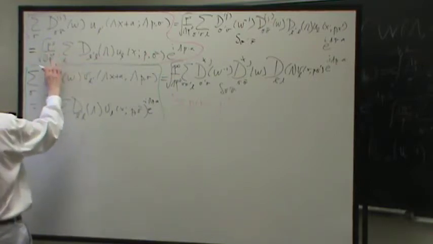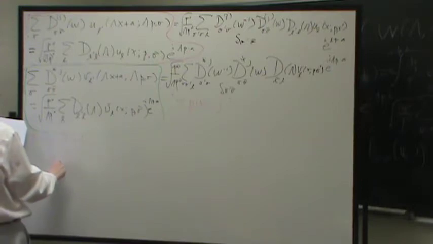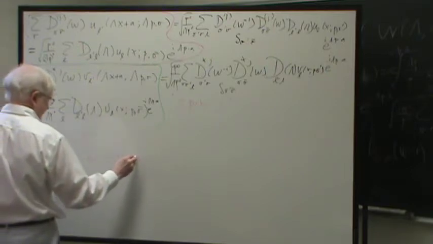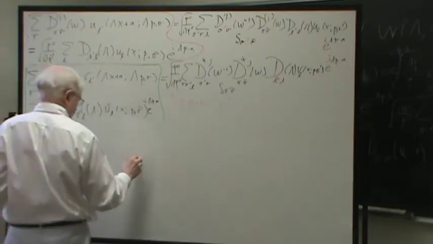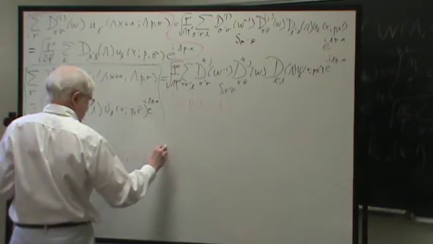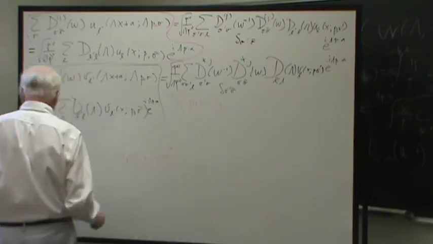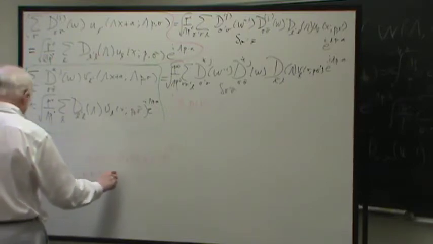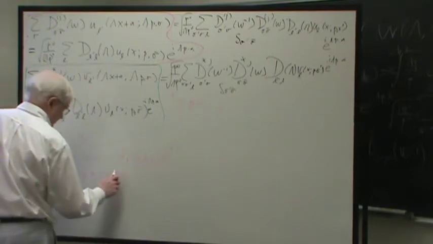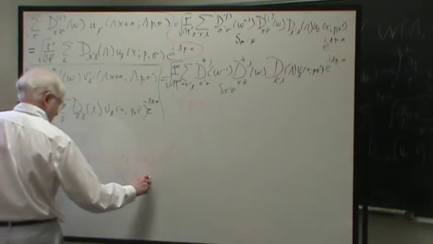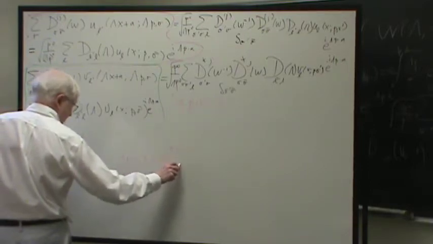if we do, well, first of all, this factor is unity. This thing turns into U sub L of the displacement a, p, and sigma is U sub L of p0, momentum 0, p and sigma e to the i p dot a, and the other one is V sub L of a, p, and sigma is V sub L of 0, p and sigma e to the minus i p dot a.